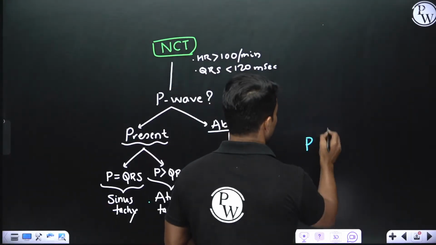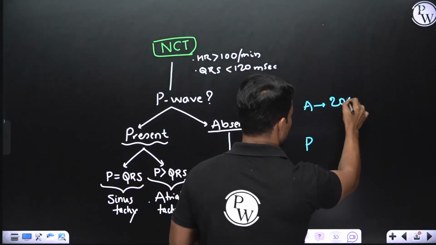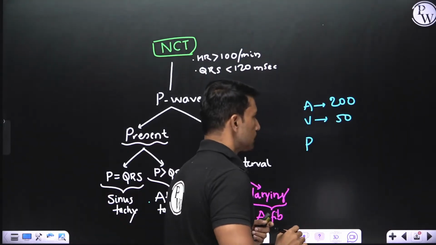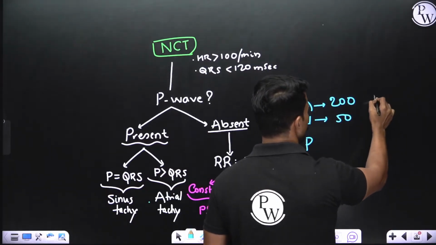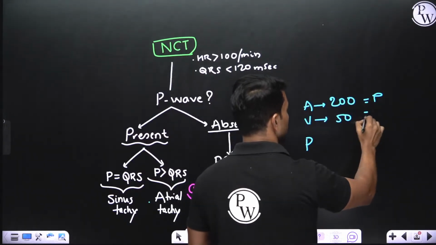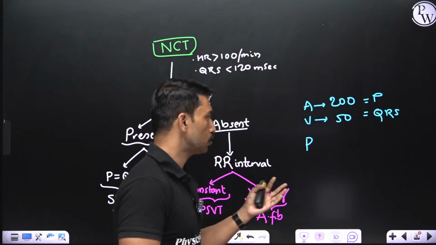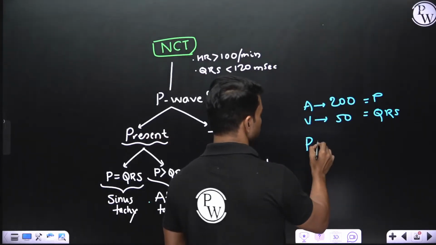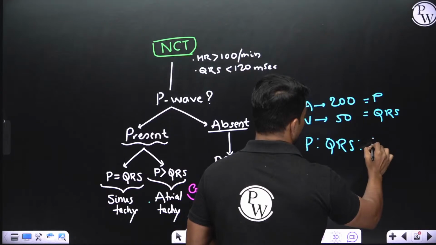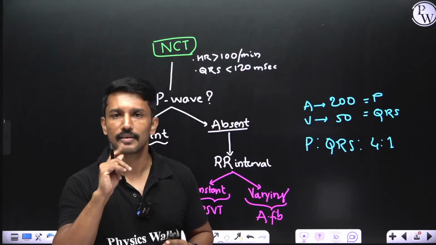If the atria is contracting 200 times, the number of P waves will be 200, and if the ventricle is contracting 50 times, the number of QRS will be 50. So the P by QRS ratio will turn out to be 4:1, right? That means for 4 P waves, there is 1 QRS.